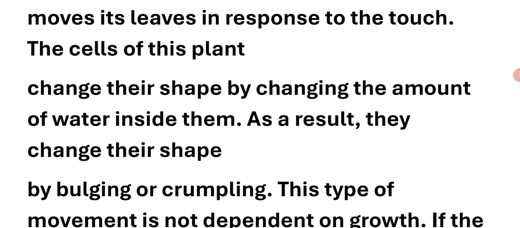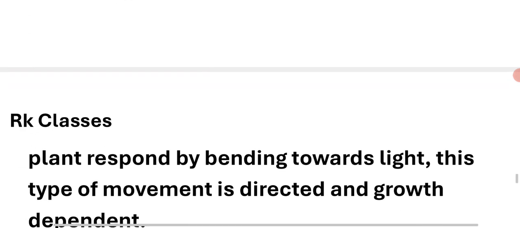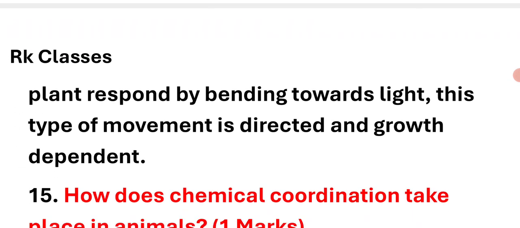As a result, they change their shape by drooping or crumbling. This type of movement is not dependent on growth. If the young stem of a plant responds by bending towards light, this type of movement is directed and growth dependent.